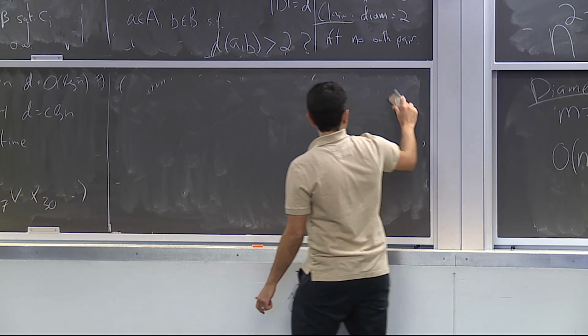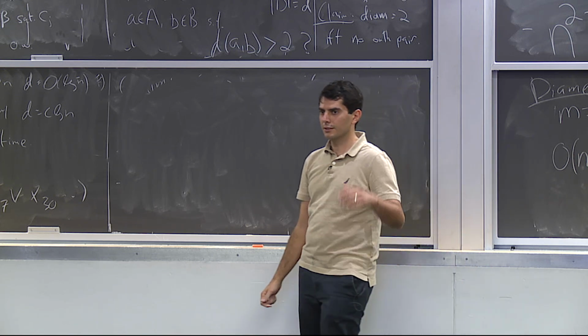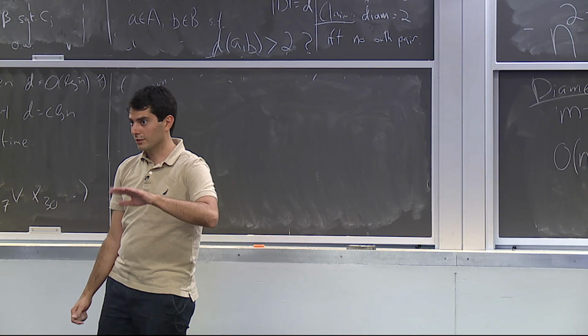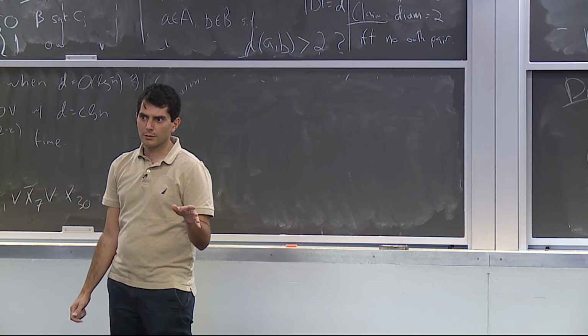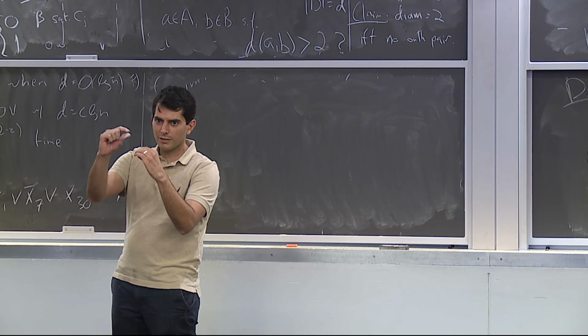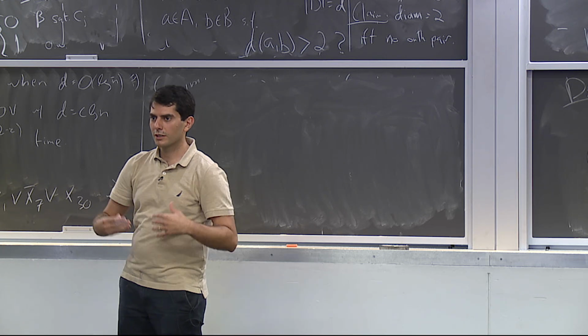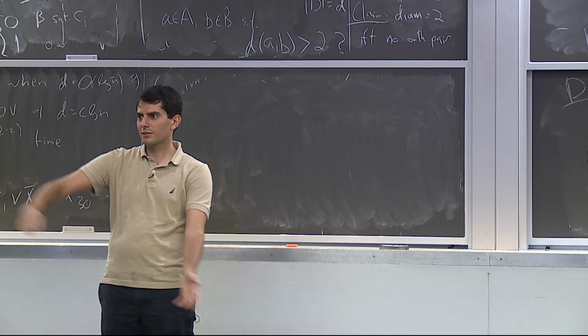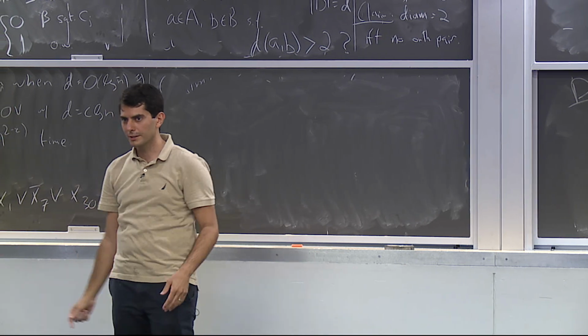What's a good example? Dominating set. We said, is there a dominating set of size n or not? If there isn't, well, maybe there is one of size n plus 1. And that's a very small gap, n versus n plus 1. You would like a multiplicative gap. Say either there's one of size n or there's one of size 2n or 100n.